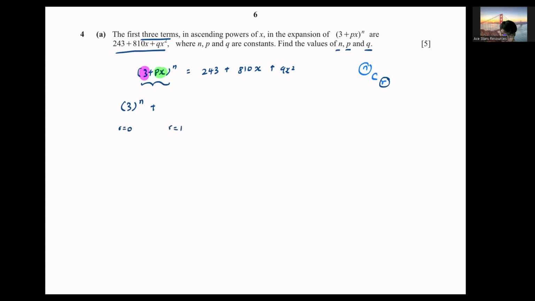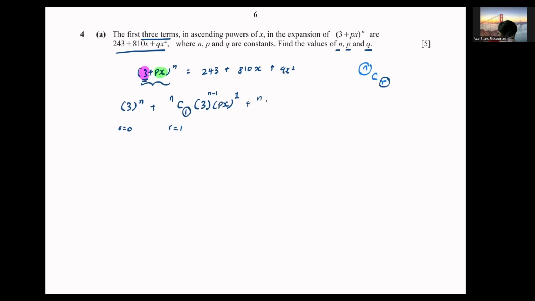So r equal to 1 is here, nC1. Put the 3 here, the first digit, and px to the power of 1, and then n minus 1, the minus 1 actually referring to n minus r. So that's how technically you should be able to do it.